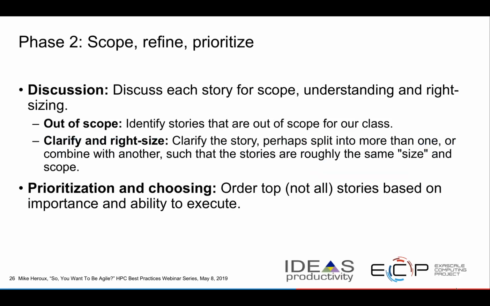Once you've collected a set of stories, whether they're user stories or job stories, you can begin the discussion. First of all, decide, are any of them out of scope? It was an okay idea, or maybe it just didn't really fit. And then you can go and try to clarify the stories, maybe make sure that everyone understands what the phrases mean, and then try to right-size them.